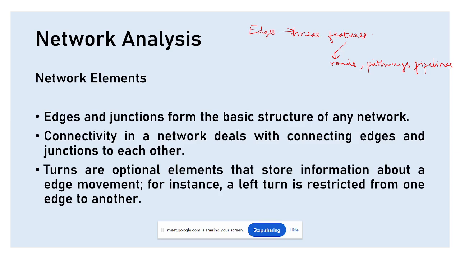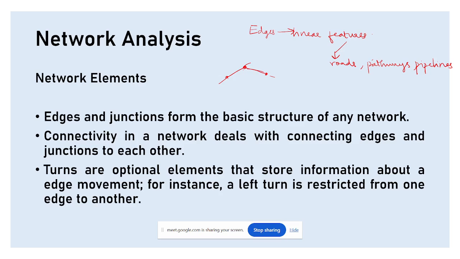Now they connect two junctions. Junctions are basically the nodes. If you remember when we were talking about vector data, we had these polylines, and we called these edge nodes, and then there was the internode or something like that. Anyway, these connecting points are called junctions. So the edges connect two junctions or nodes basically.